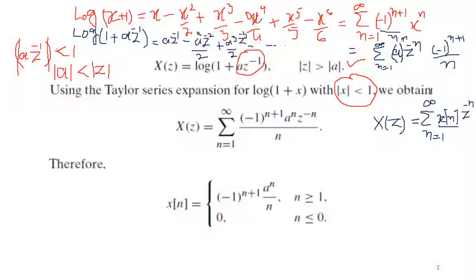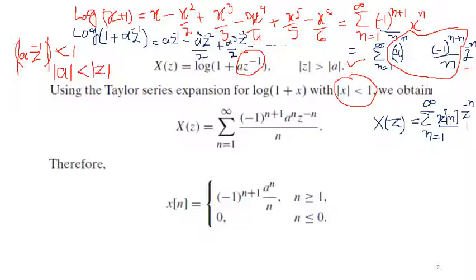So this is your signal which you are multiplying with z power minus n.